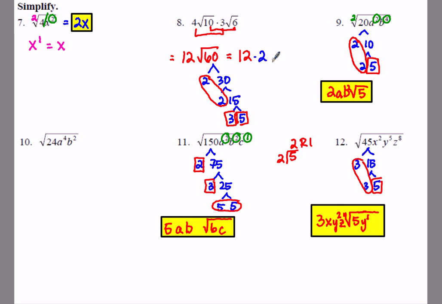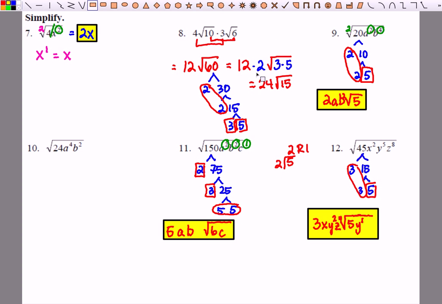And then you have your remainder underneath of your 3 times your 5. Once you simplify all this, 12 times 2 gives us a 24, and then 3 times 5 gives us a radical of 15. So that is how you can multiply radicals. You multiply on the outside and on the inside.